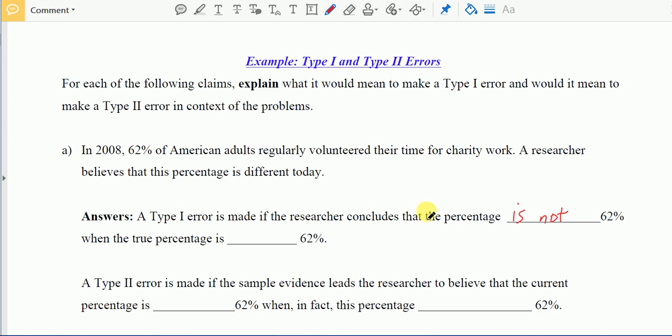Right? The type 1 means we want this to be not equal to the null hypothesis, but the true value is still 62%. That means the null hypothesis is true, but then we reject it. That means we say that this is not the null hypothesis.